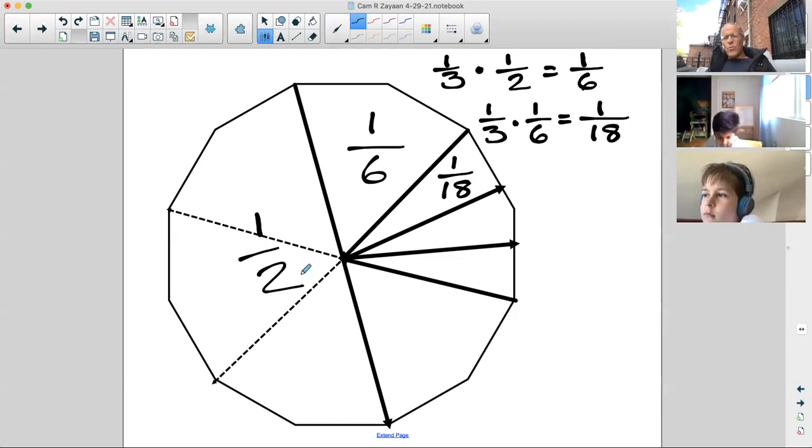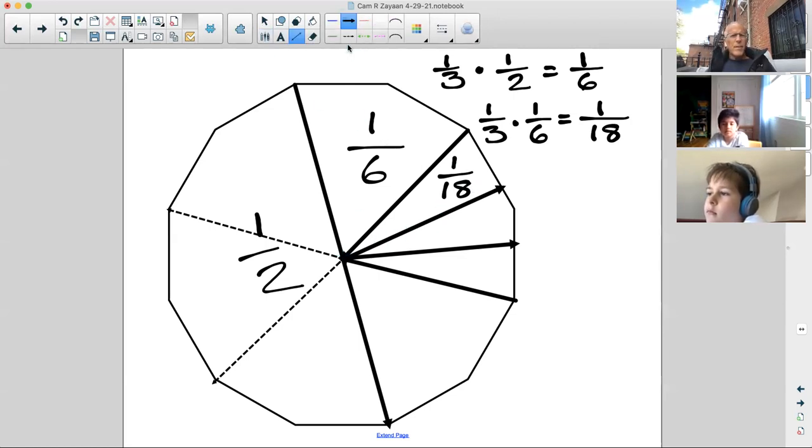Now, would you like to take 1/3 of the 18th, or would you like to take half of the 18th? It's not the same thing. If I take a half of an 18th, that's different than if I take 1/3.